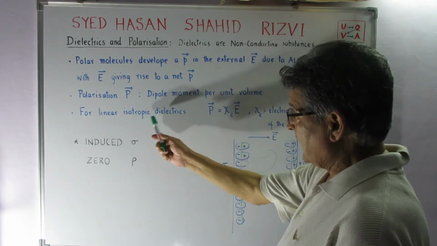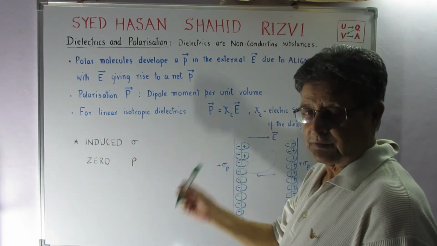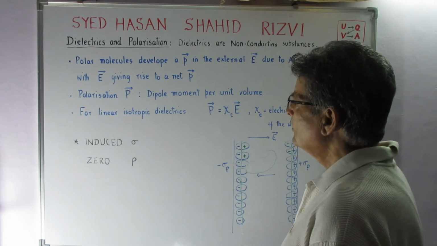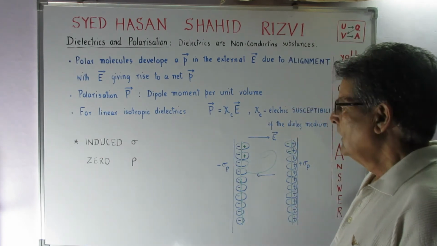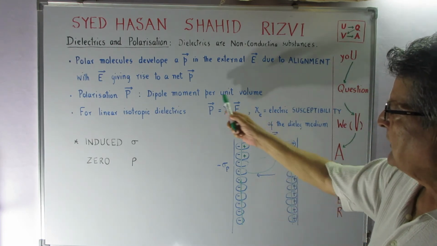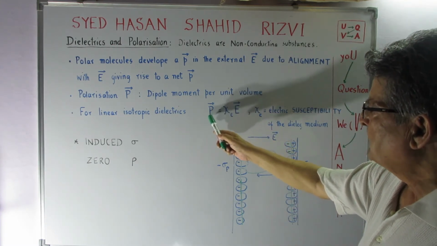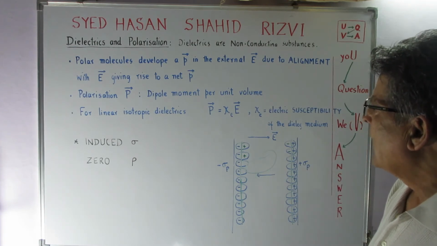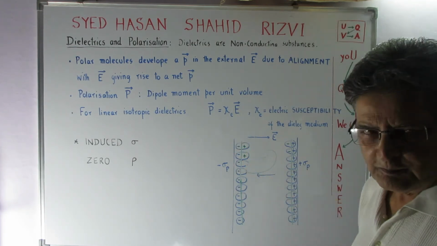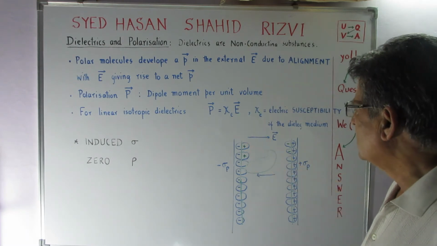For linear isotropic dielectrics that we have talked about, whether they are polar or non-polar, the polarization capital P is equal to chi E into capital E.